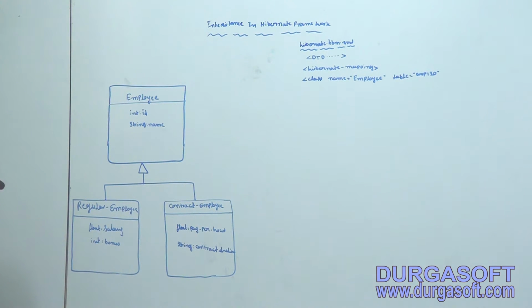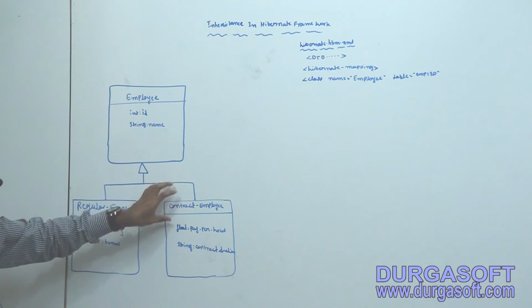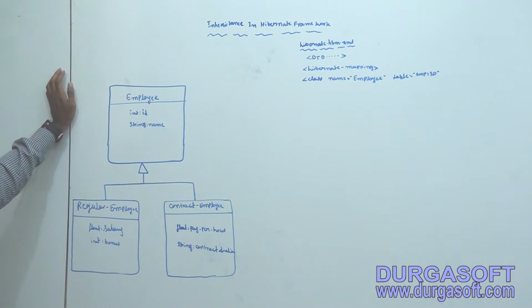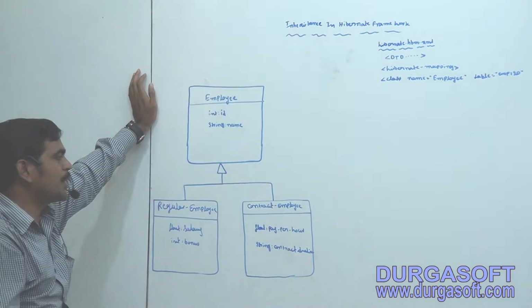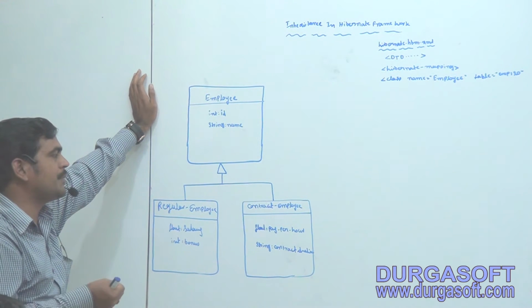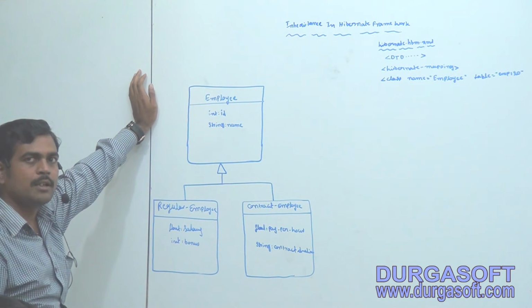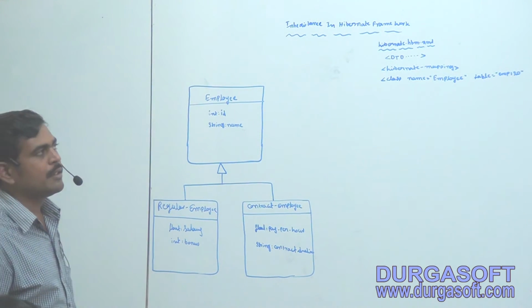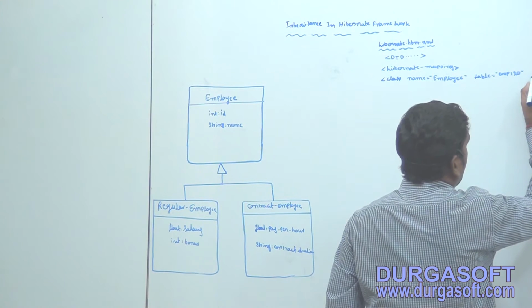For identification purposes, who is the regular employee, who is the contract employee, who is the normal employee? If we want to identify like that, we have to take one predefined attribute called discriminator-value.